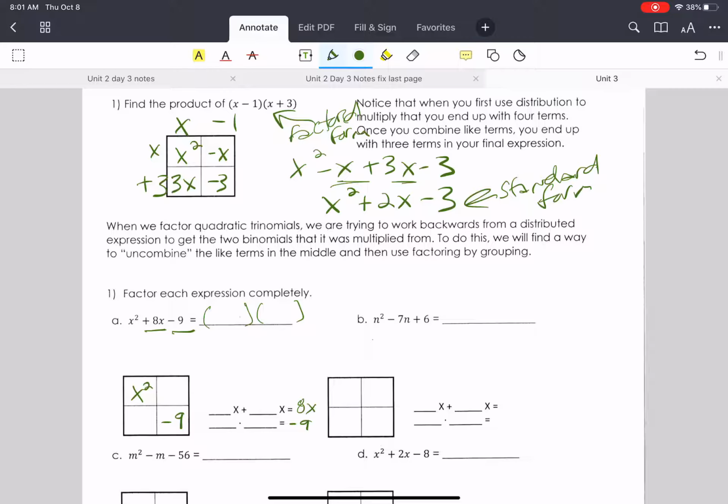Think of it like a puzzle. Use your calculator if you need to. I need 2 numbers that multiply to negative 9 but add to positive 8.